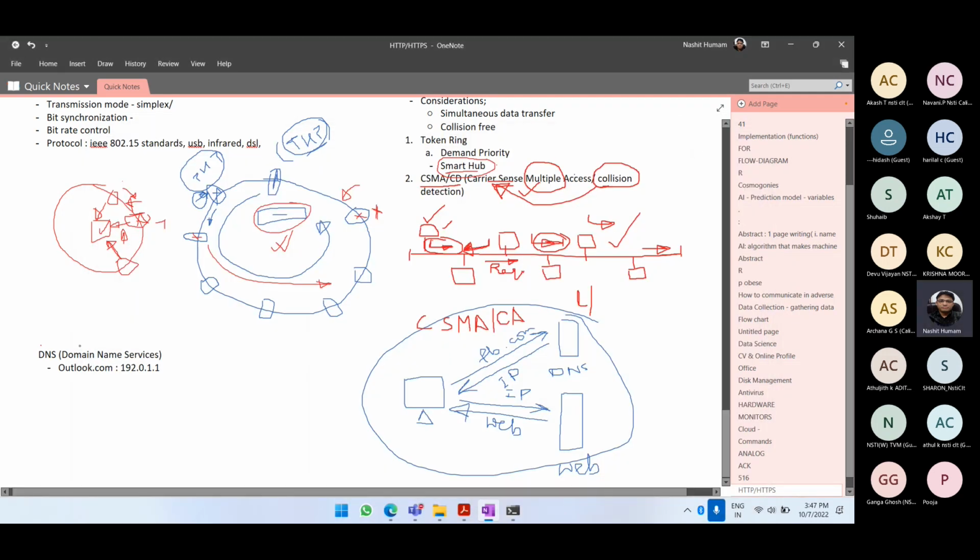Now, my DNS system, what it is, my machines cannot read Outlook.com. They cannot take you to Outlook.com. So what we do is we convert Outlook.com into an IP address, which is readable by the network and the machines. So I put outlook.com here, and this is resolved by the host.